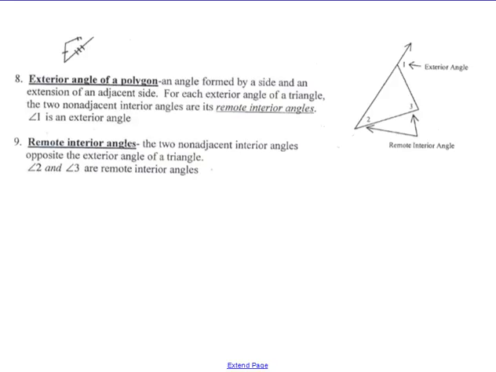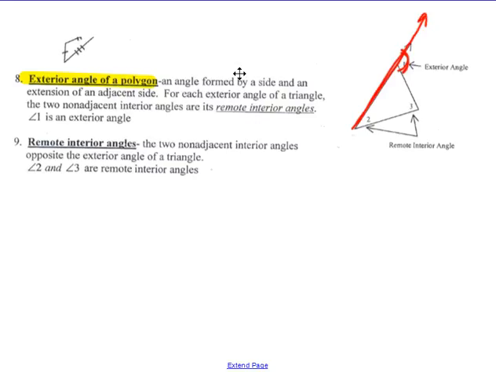We also are going to be talking about exterior angles as well. The exterior angle of a polygon is, if we extend this side, the angle that's right here. That's an exterior angle.